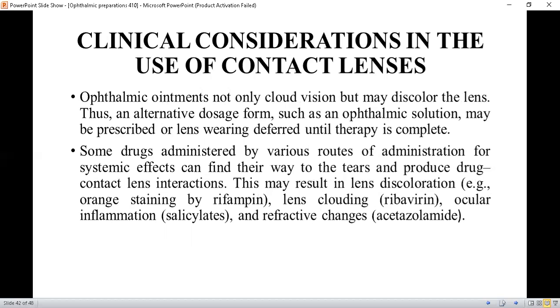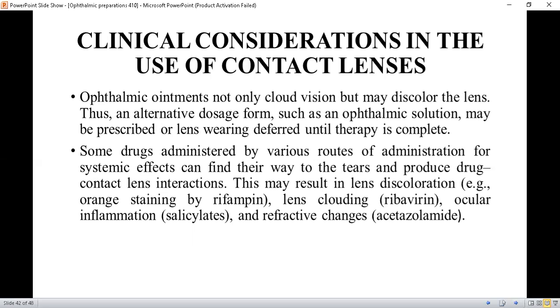Some drugs administered by various routes of administration for systemic effect can find their way to tears and produce drug-contact lens interaction. This may result in lens discoloration. An example is orange staining by rifampin. If a person is wearing lenses and using such a drug, then the color of the lens may change and some orange stain may appear on the lens surface because of the absorption of the drug.